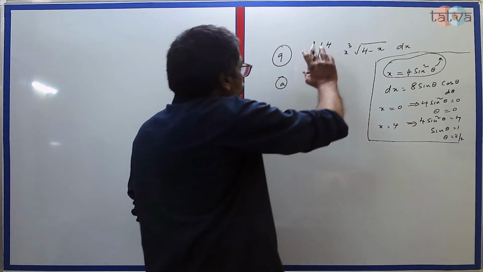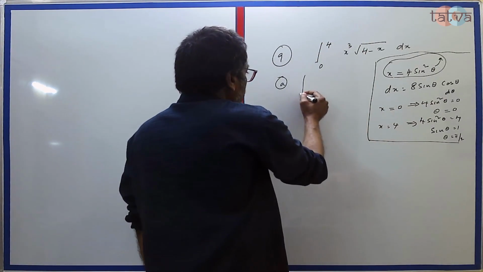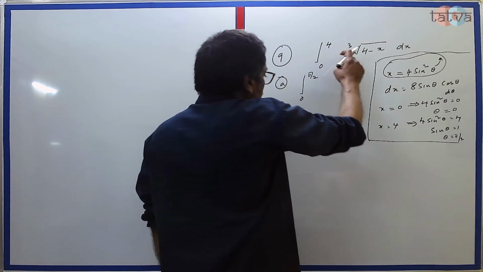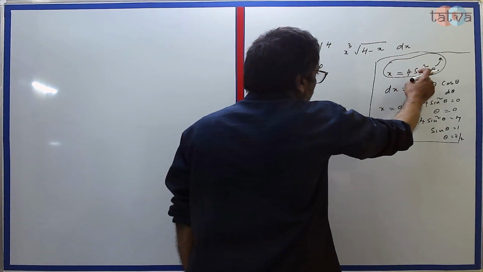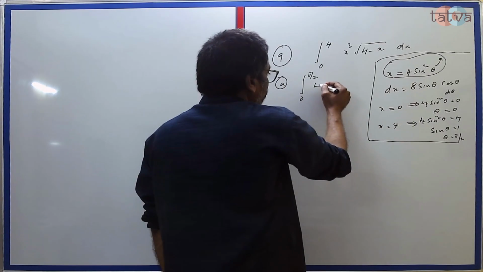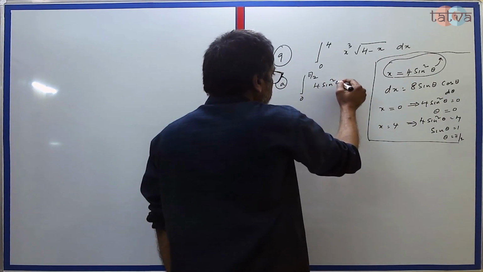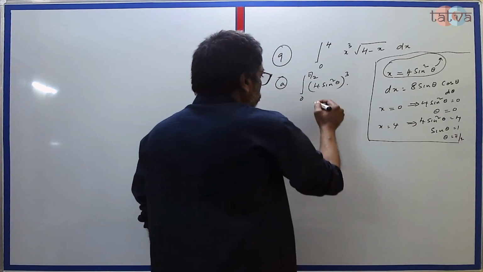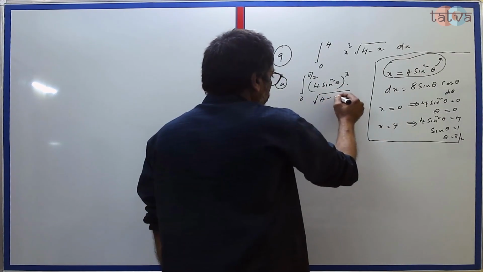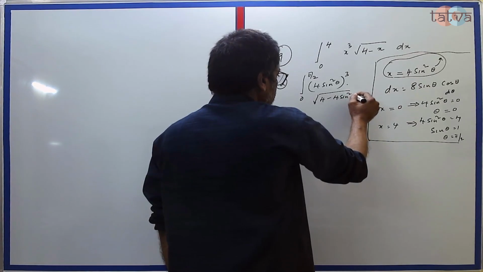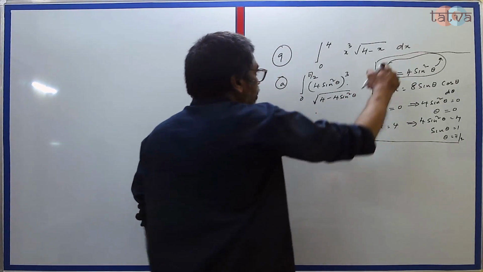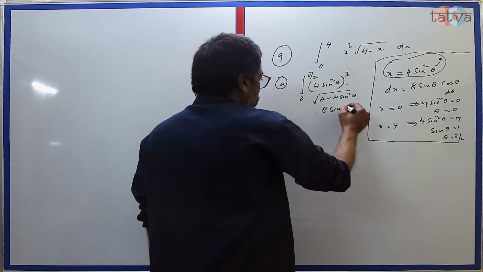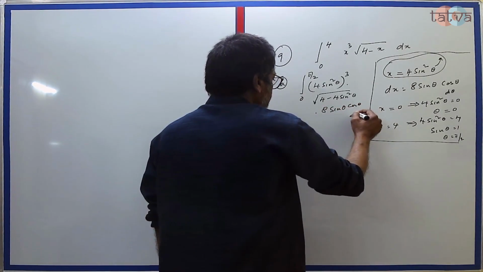So I'm going to transform this integral into a new integral 0 to pi by 2. x cubed becomes 4 sine square theta cubed into the square root of 4 minus 4 sine square theta, multiplied by dx, which is 8 sine theta cos theta d theta.